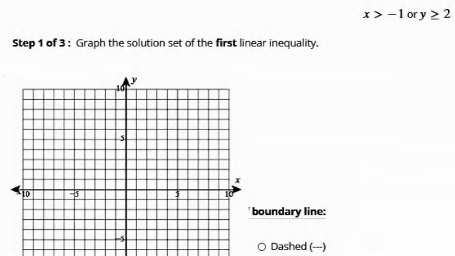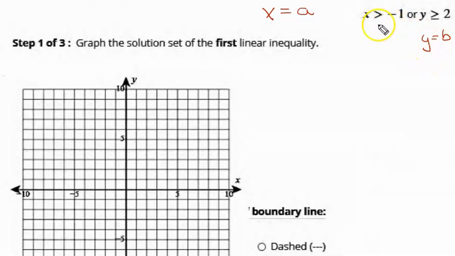Now, many of these examples are multi-step as well. And we're asked to graph these. Now, they're sort of interesting in that this one is in the form x equals a, which is a vertical line, and this one is in the form y equals b, which is a horizontal line.